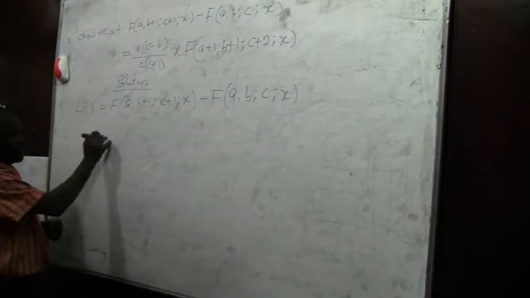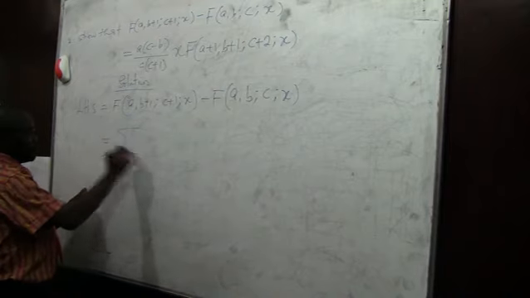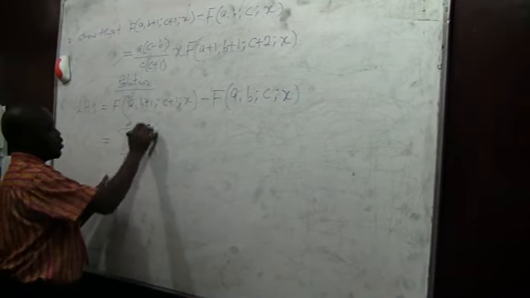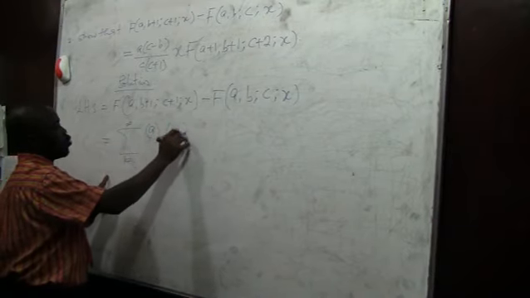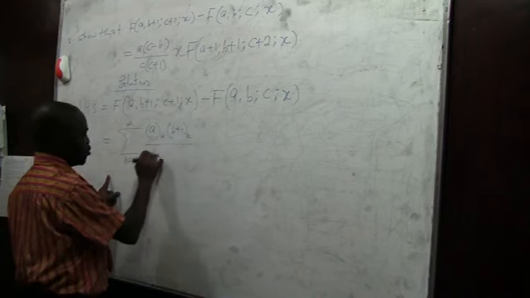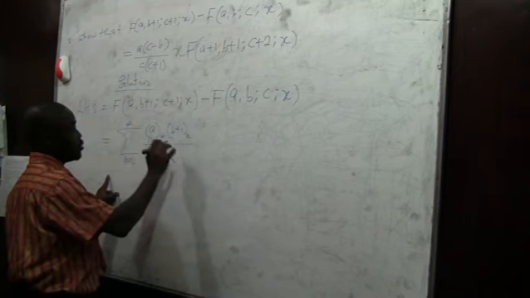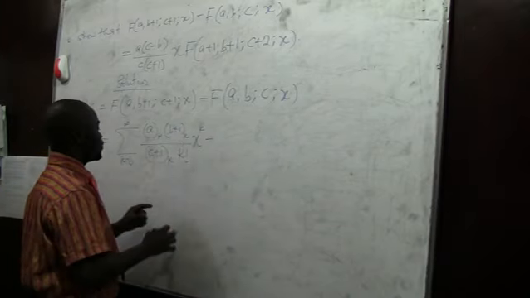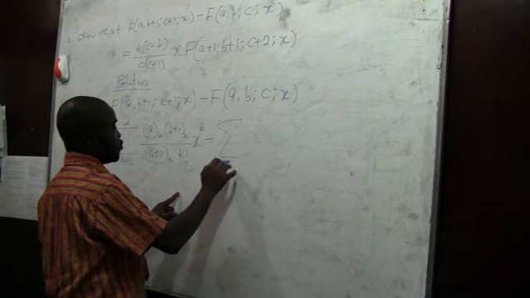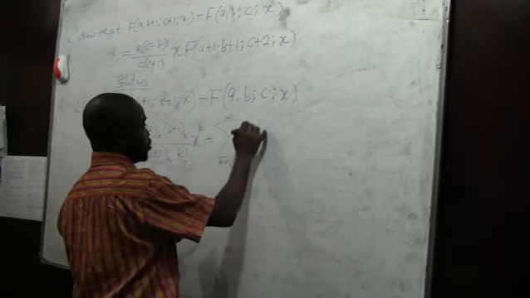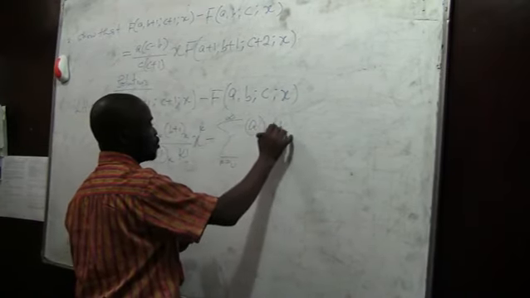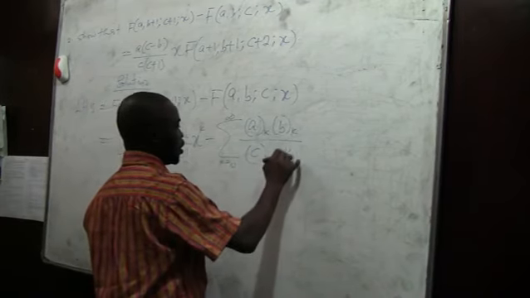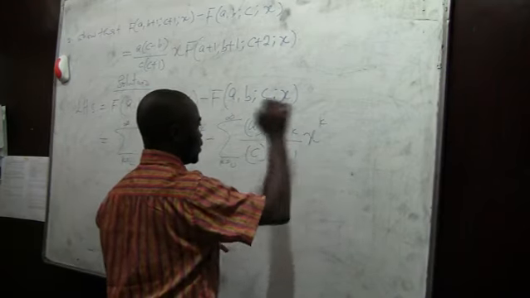So, by definition, I have k equals to 0 to infinity, a sub k factorial function of b plus 1 divided by factorial function of c plus 1 k factorial x raised to power k minus summation k from 0 to infinity factorial function of a factorial function of b divided by factorial function of c k factorial x raised to power k.